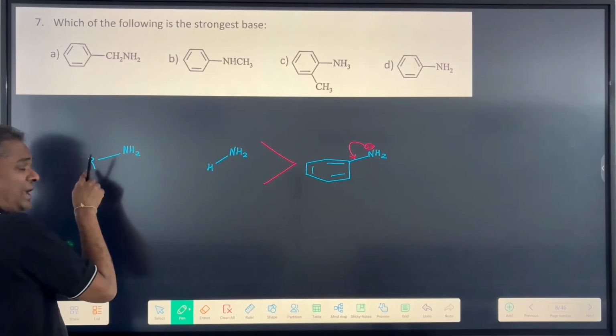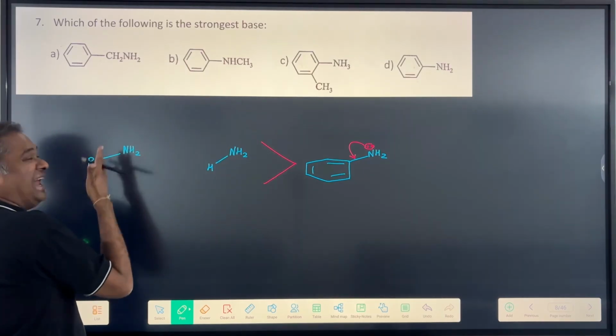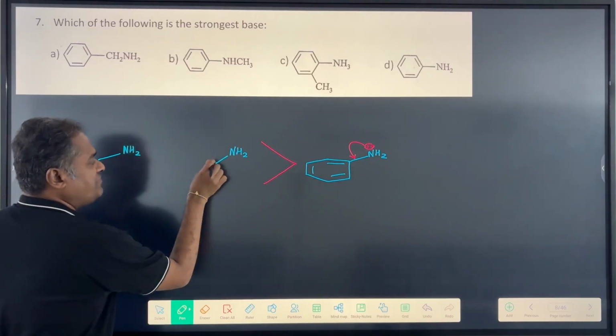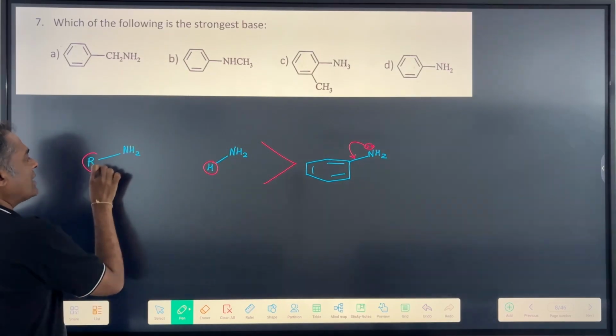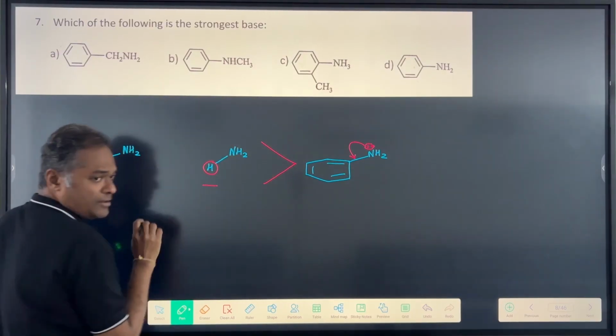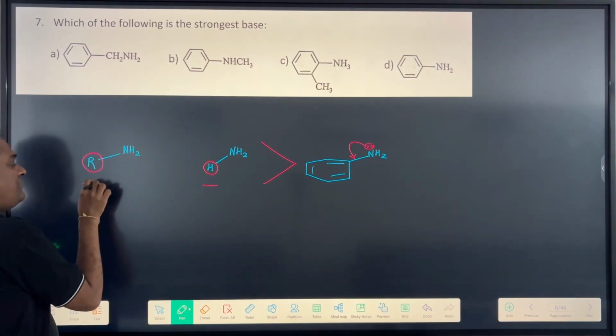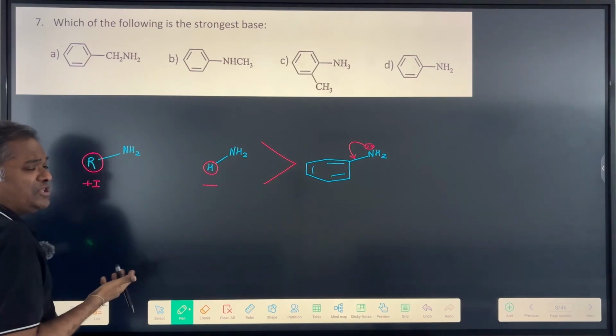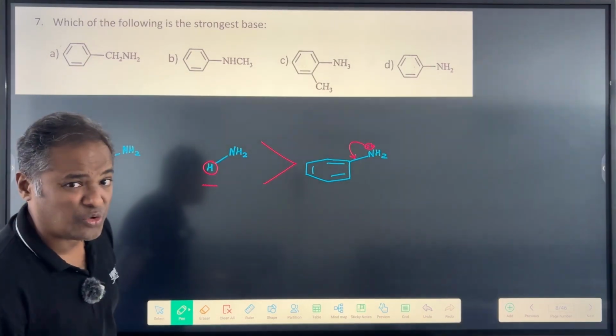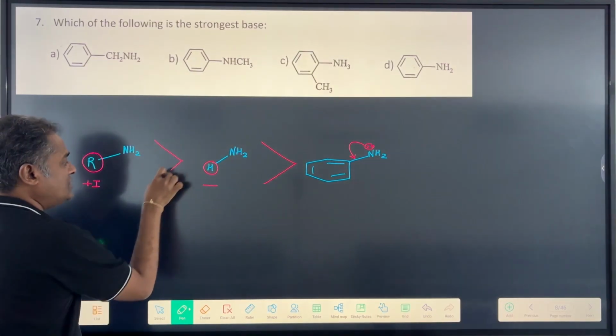Now out of primary amine, or aliphatic amine, and ammonia, the differentiating part is H and R. H generally doesn't show any effect, whereas R shows a plus I effect, or electron donating effect, and basicity increases due to donating groups. Hence, this should be the answer.